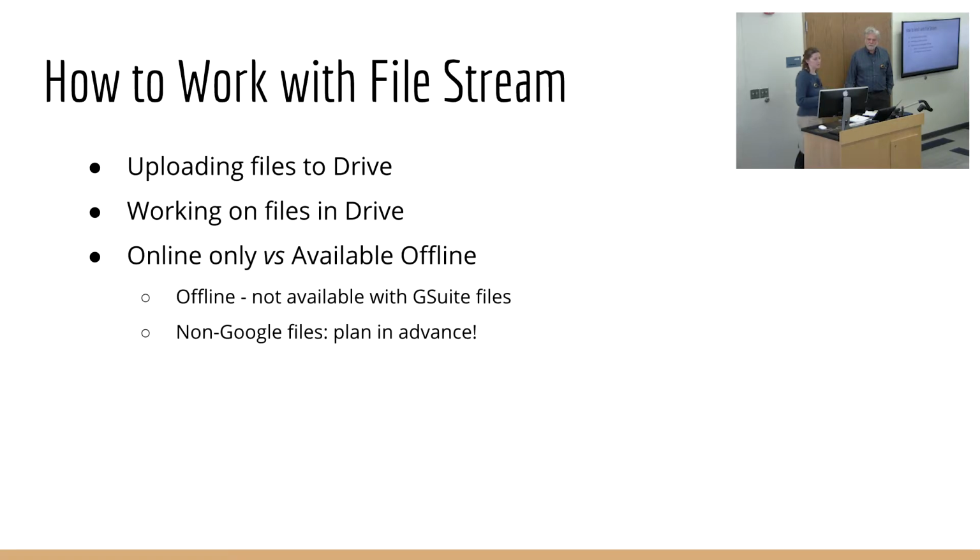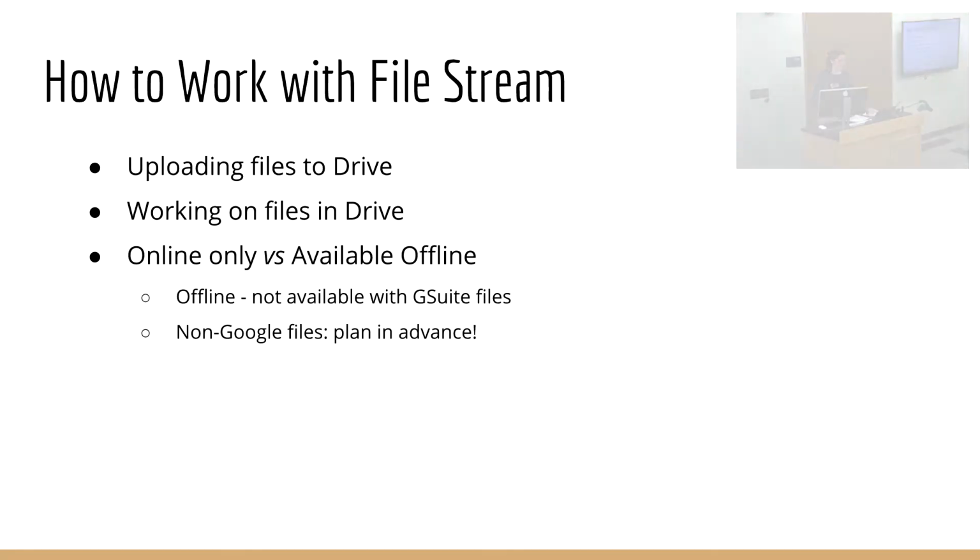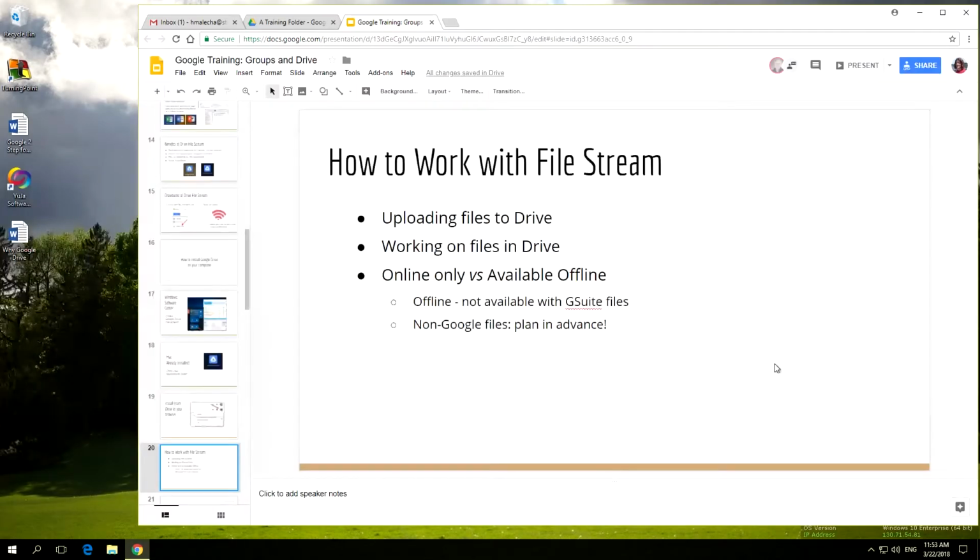Okay, so let's do some demonstrations. So how to work with FileStream, uploading files, working on files, and we'll talk about online versus offline. So uploading files to Drive. So when you first open up your FileStream, on the Windows side, you will see it down here in the lower corner, which actually I need to start it.